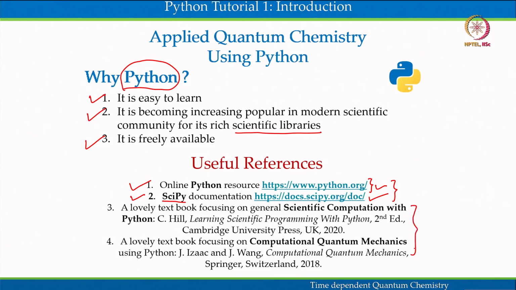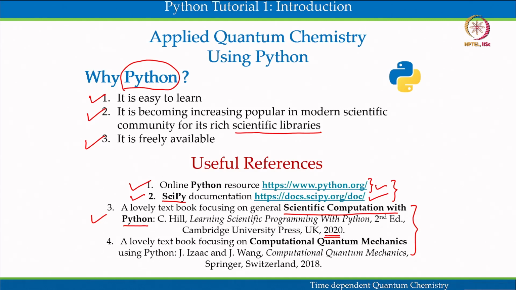They are lovely textbooks. The first one, this one, Scientific Computation with Python, that is a very new textbook. One can learn different scientific programming with Python, not necessarily useful for quantum mechanical problems, but for scientific problems in general.